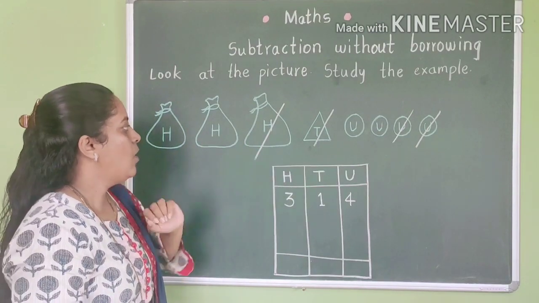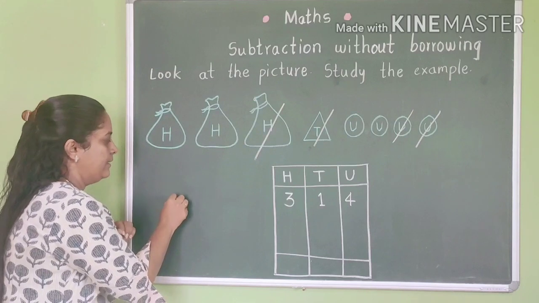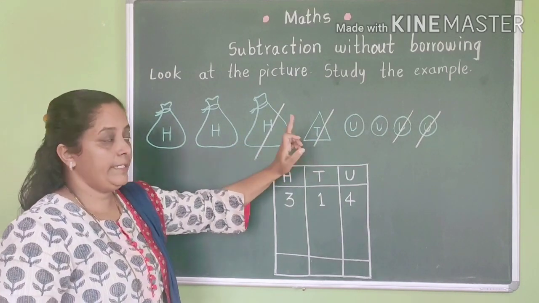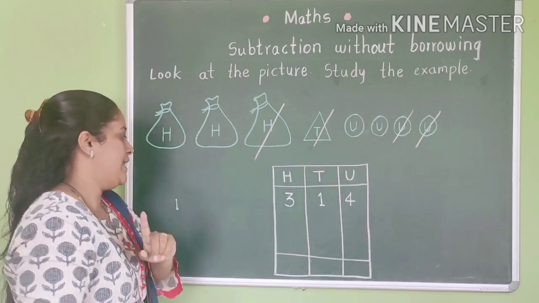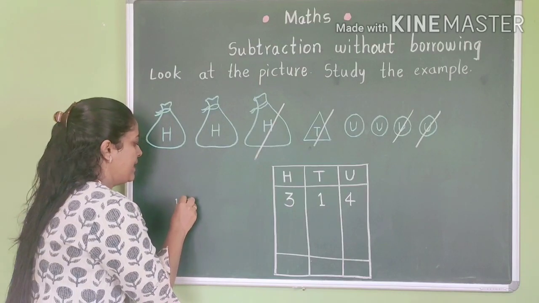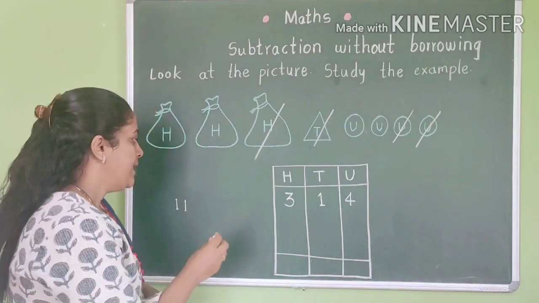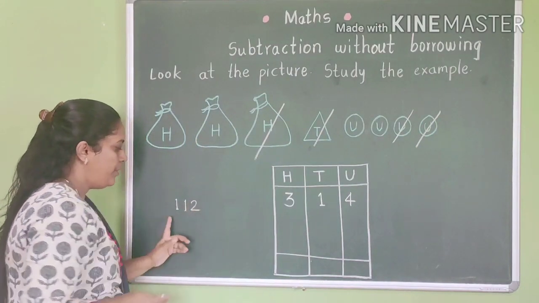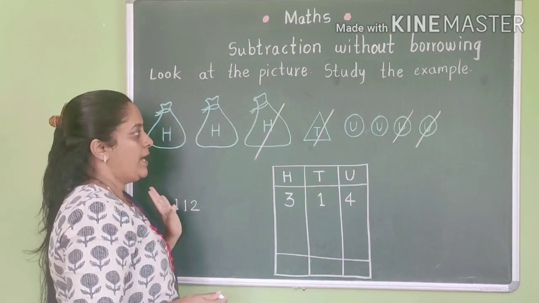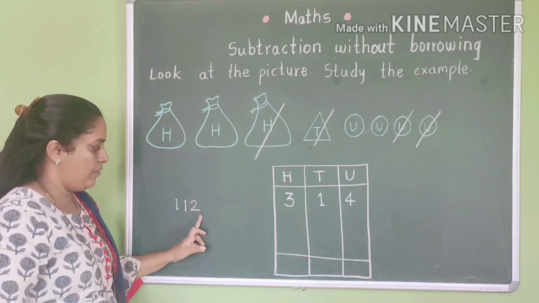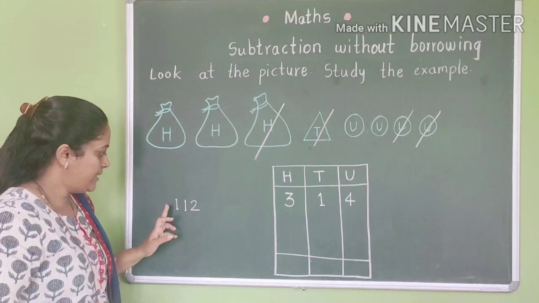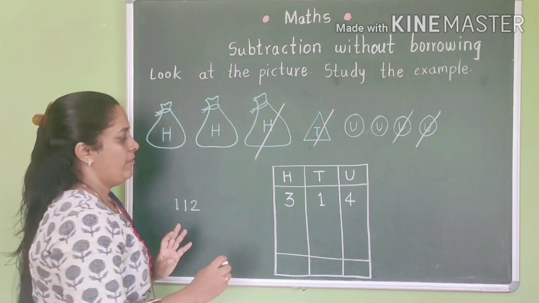We have cancelled 100 and how many tens? Very nice. 1 tens and 2 units. These 2 units are cancelled here and so we have get the number 112. This number we read as 112.